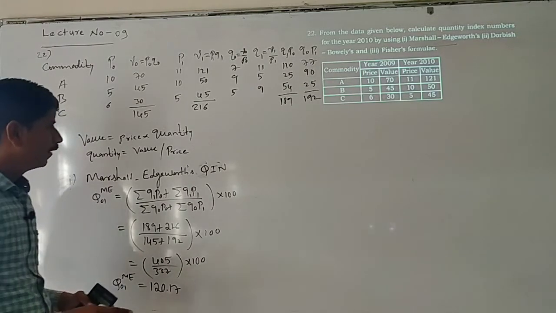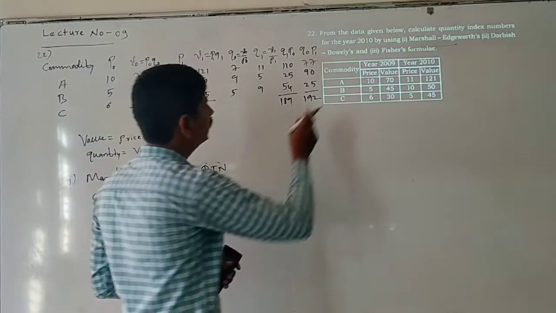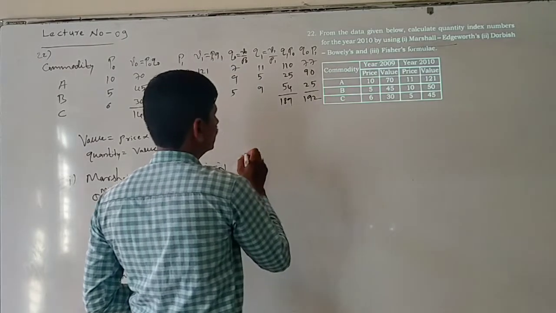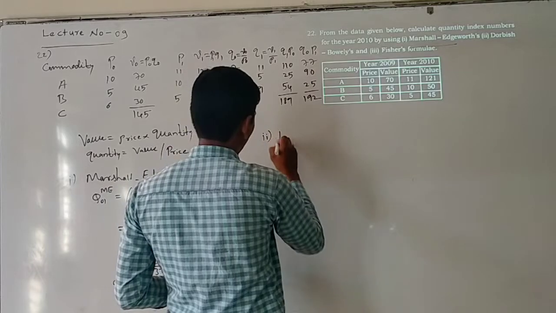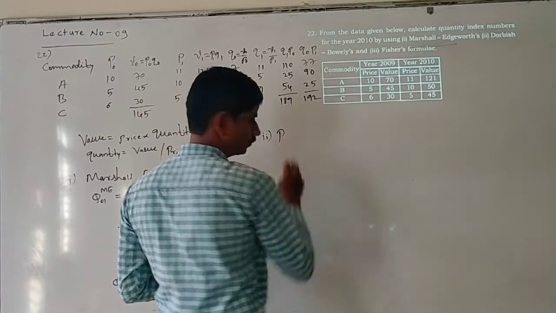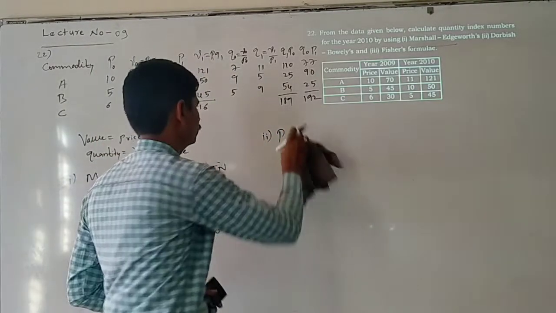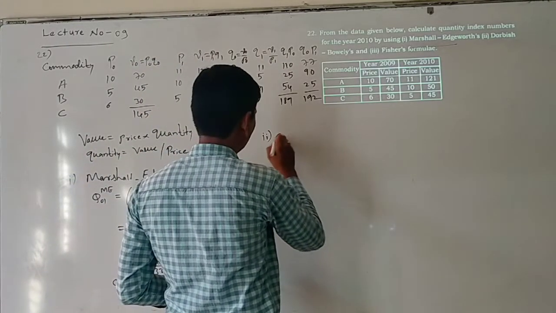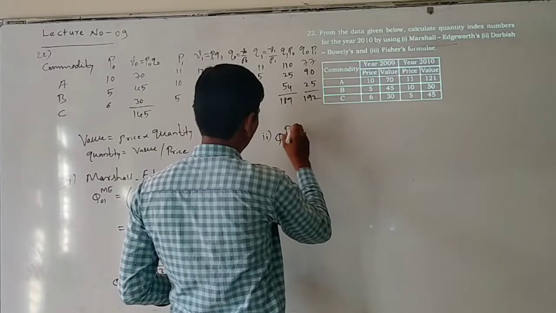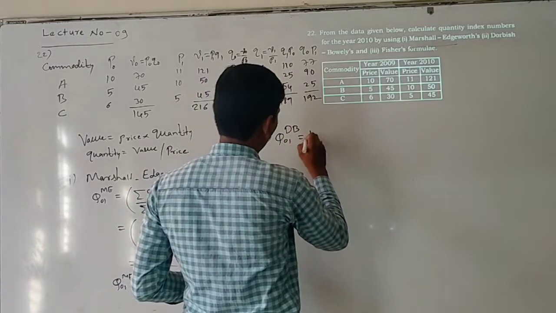Okay. The next, second, Drobisch-Bowley index number. Directly Q01 DB. Drobisch-Bowley, that is 1 by 2.